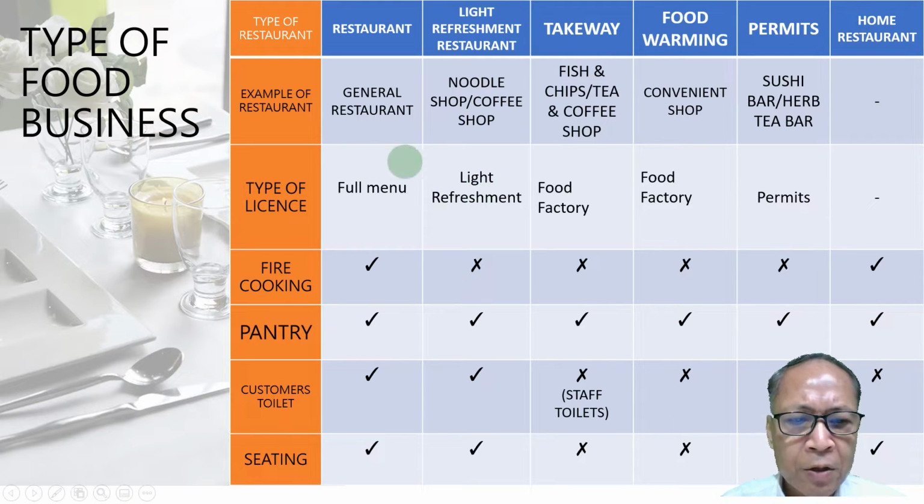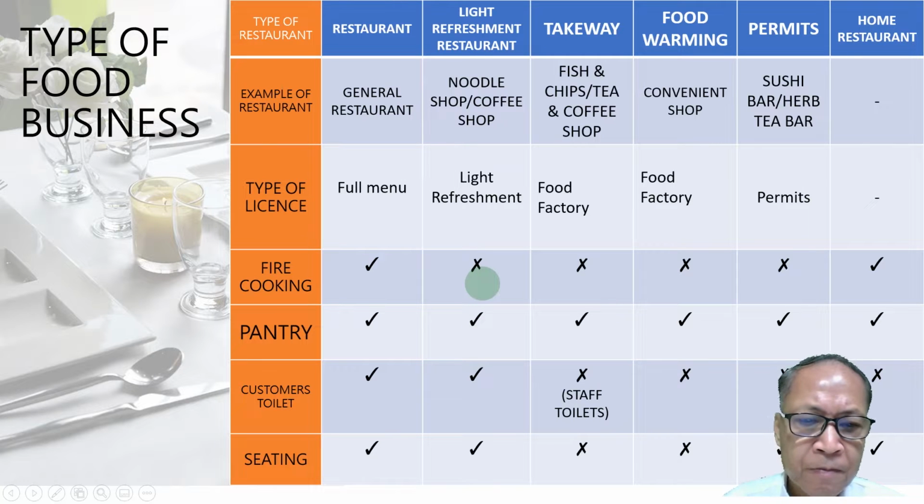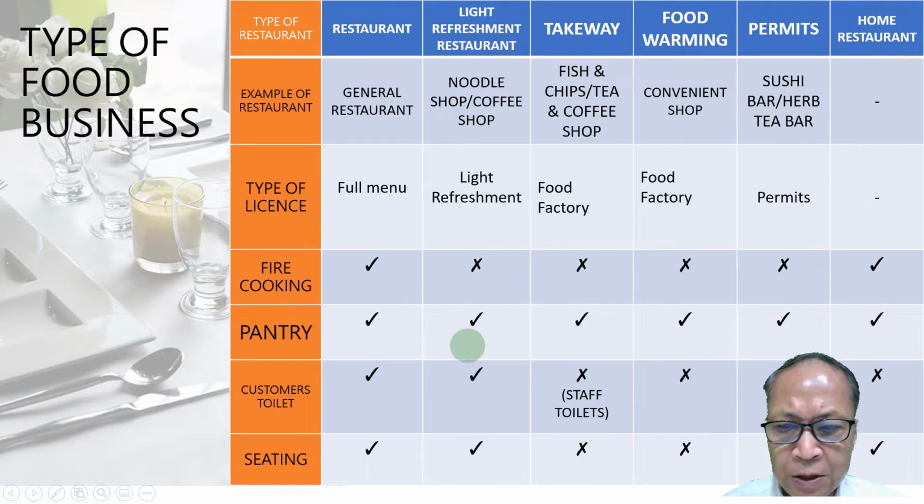It's not full menu. The food you serve is limited by the authority. It cannot be open fire cooking. You should use electricity. You don't need a kitchen, but you need a pantry. This is for light refreshment restaurant. So the requirement is simpler than the full menu restaurant.